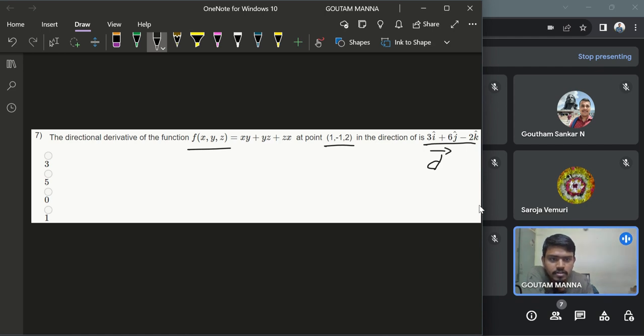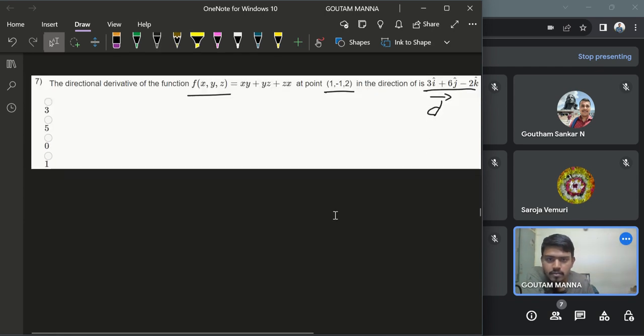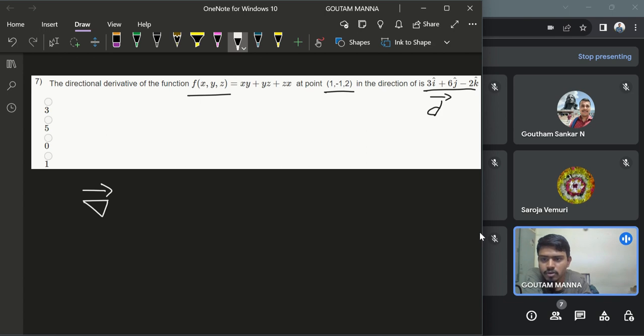So the d vector is 3 i cap plus 6 j cap minus 2 k cap. Okay. So first of all, we have to find the grad of f to find the directional derivative.